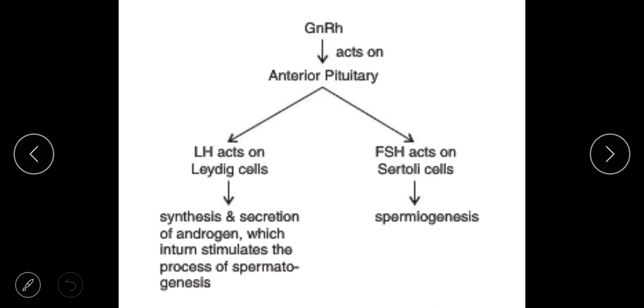Then the pituitary gland releases two hormones: the luteinizing hormone and the follicle stimulating hormone. Remember, the luteinizing hormone acts on the Leydig cells and releases testosterone, which helps in spermatogenesis. Whereas FSH acts on the Sertoli cells.